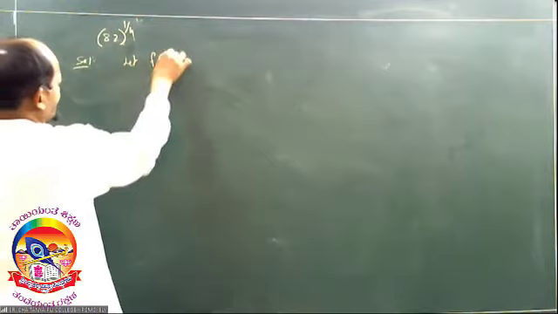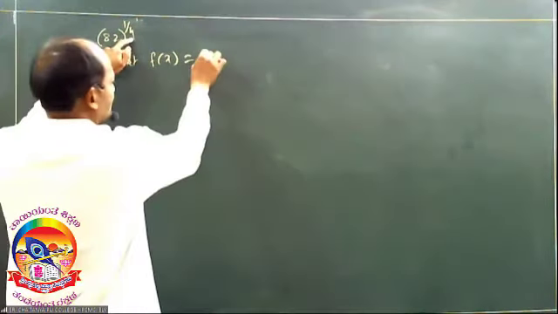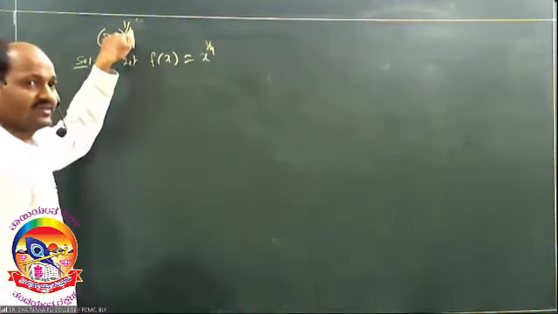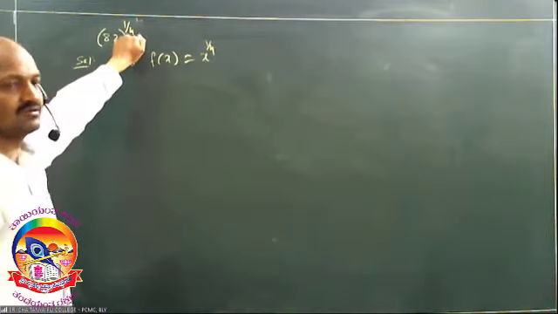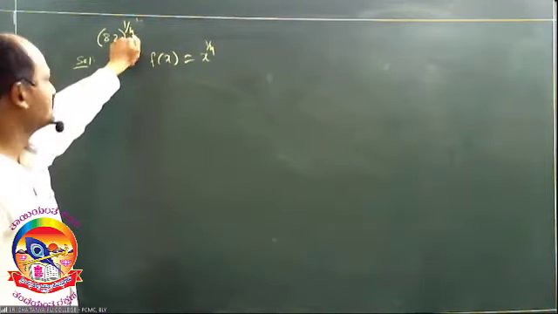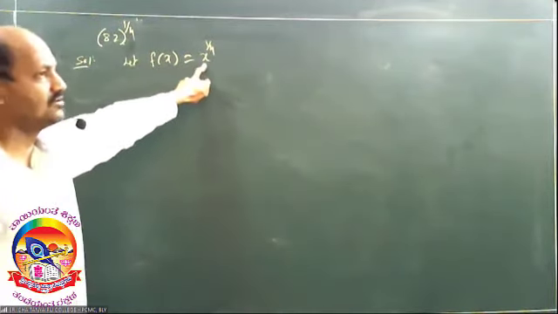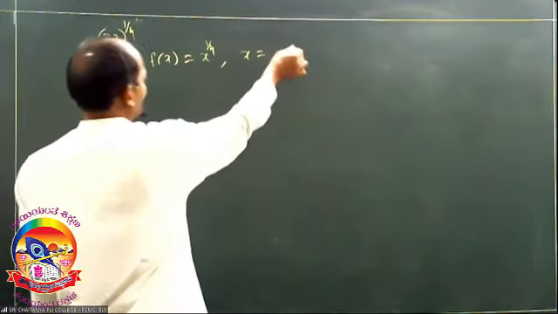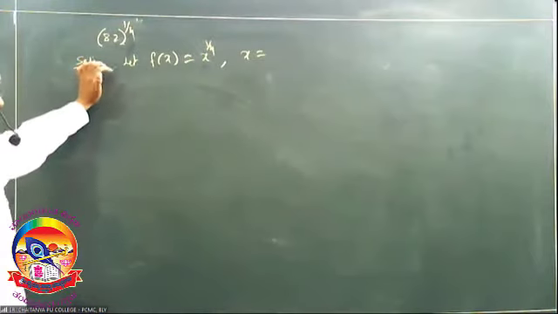What is the function? Power 1 by 4, so it is a fourth root of x. In case whole power 1 by 3 is given, cube root of x. Whole power 1 by 10 is given, 10th root of x. So for 82 power 1 by 4, clearly the function f of x is x power 1 by 4.